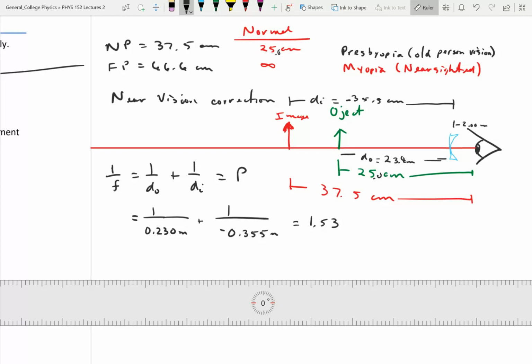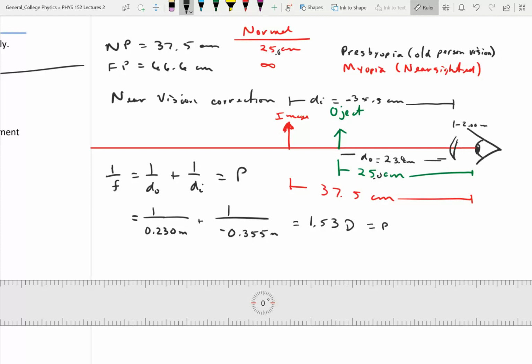Yeah, okay, so unless I made a mistake, which at this point I do not think I did. I have 1 over 0.23, plus 1 over 0.355 is equal to, plus 1 over minus 0.355. 1.53 diopters.